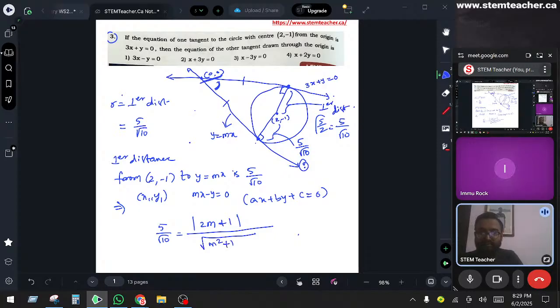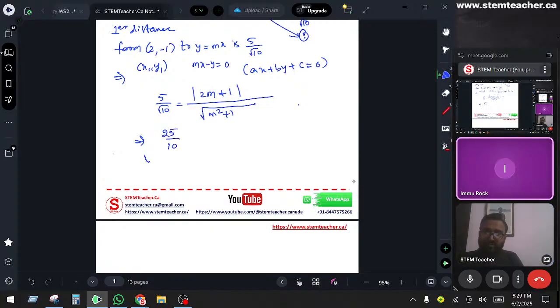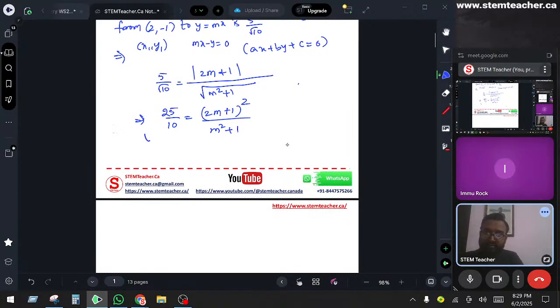So we have to simplify. If you simplify, take the square on both sides. 25 by 10 is equal to (2m plus 1) whole square by m square plus 1.